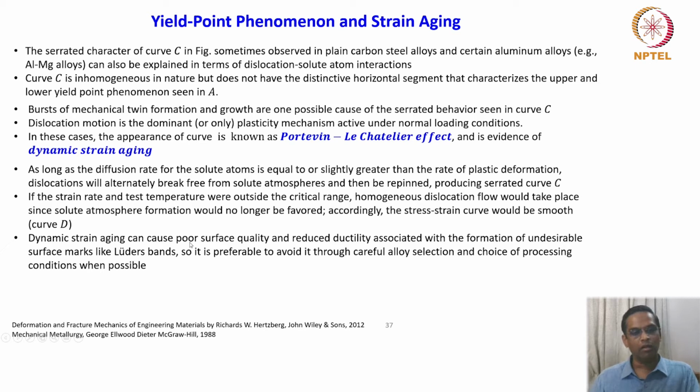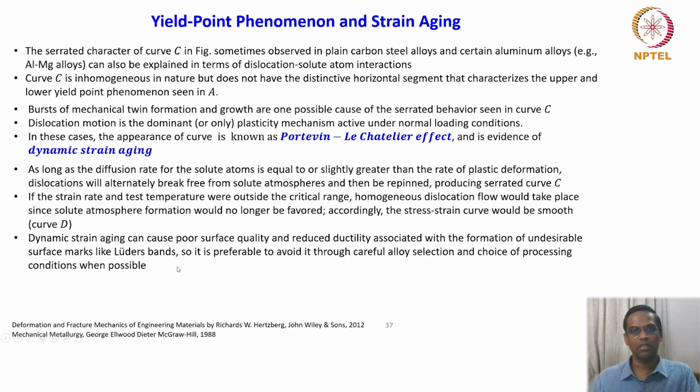Dynamic strain aging can cause poor surface quality and reduced ductility associated with the formation of undesirable surface marks like Luder bands. So it is preferable to avoid it through careful alloy selection and choice of processing conditions when possible.